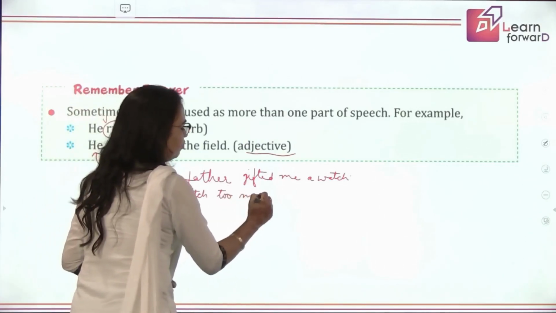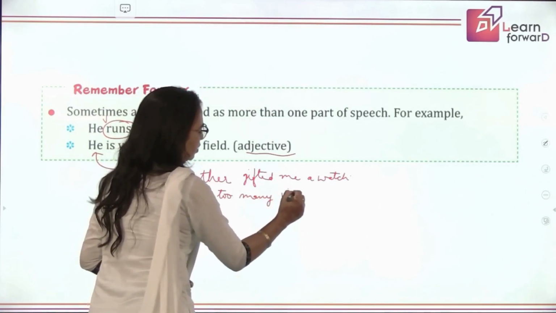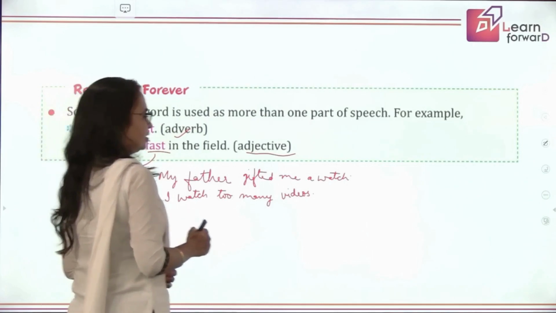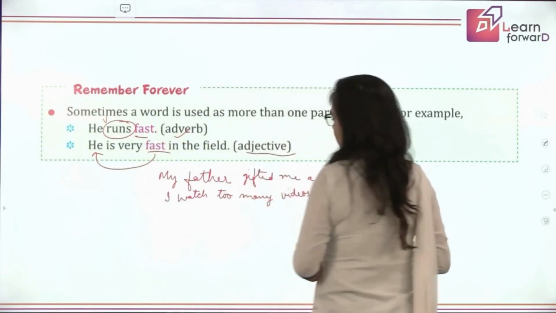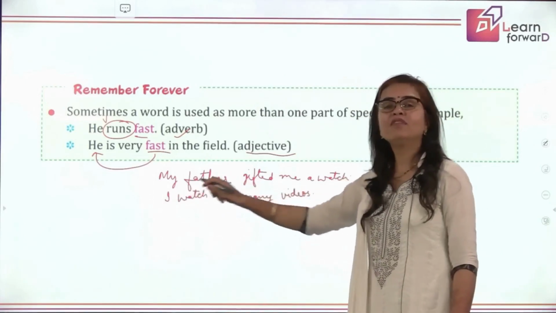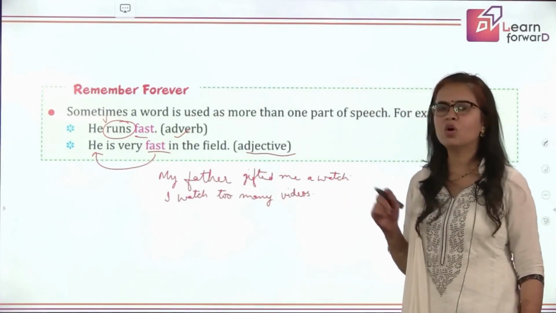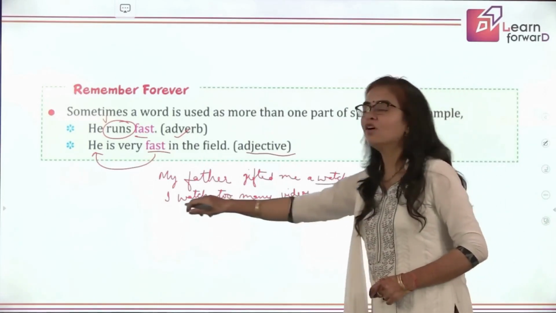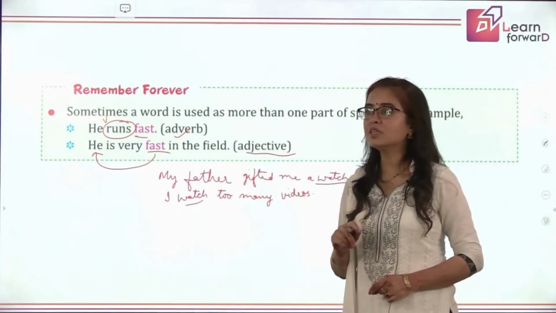Yeah, too many videos. Gone is the time of TV now. You people are engaged on your mobiles. So what do you watch there? Videos. Now here, we have two sentences. And what is the common word I have used here? Yes, good. Watch, watch.